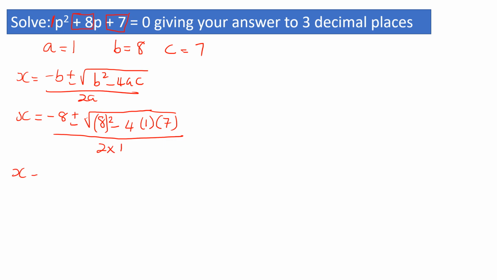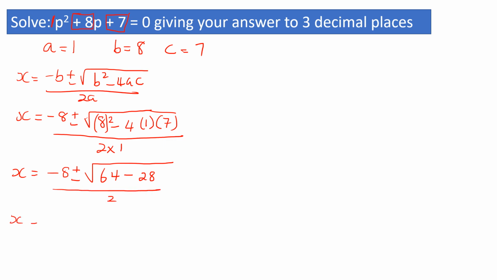So x equals negative 8 plus or minus 8 squared is 64 minus 4 ones are 4, 4 times 7 is 28, over 2.